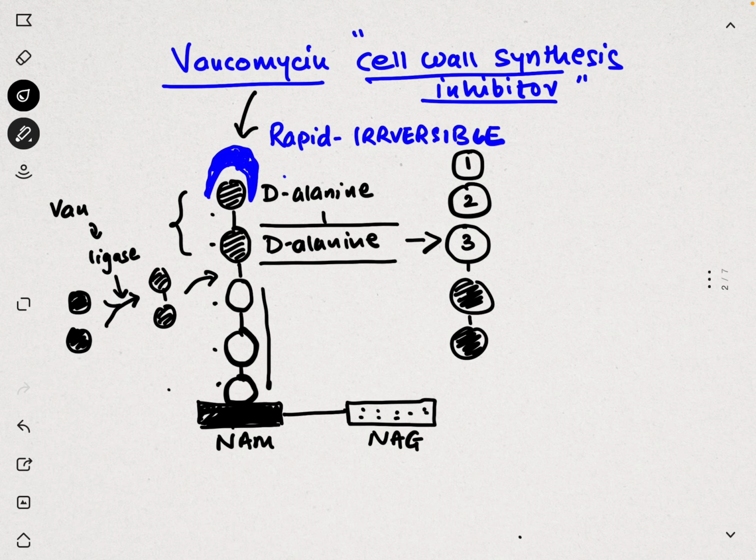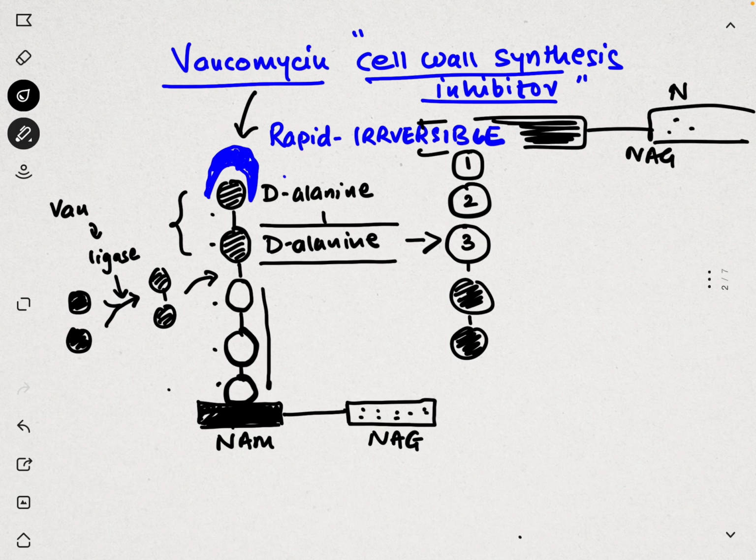So the fourth of this will bind to the third of the next chain. So this is our NAG, NAM.